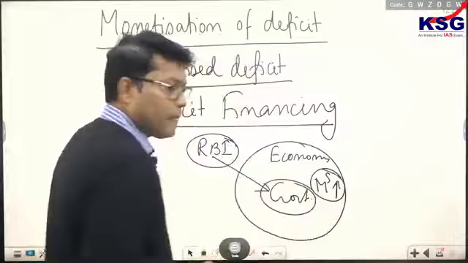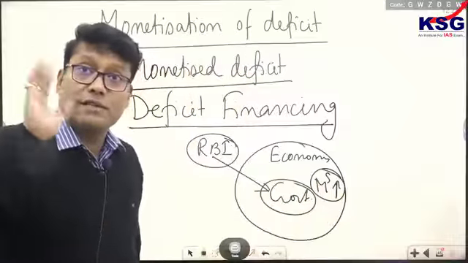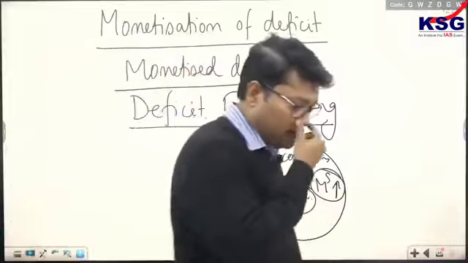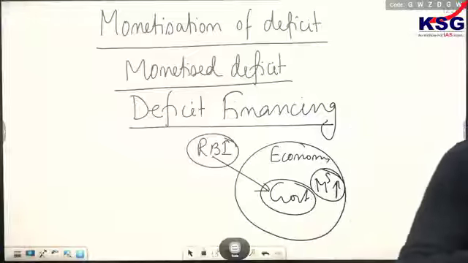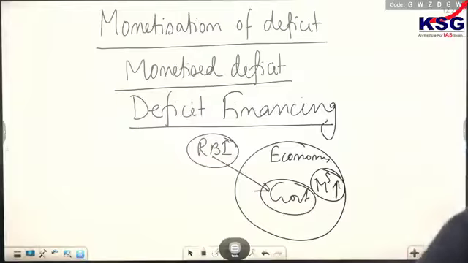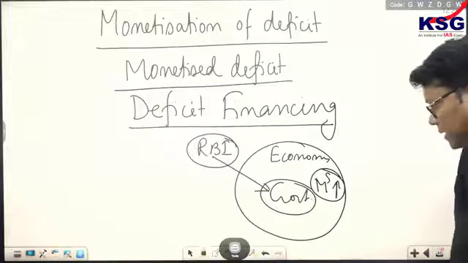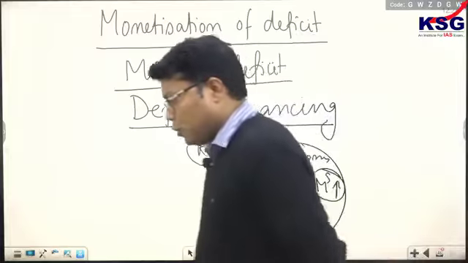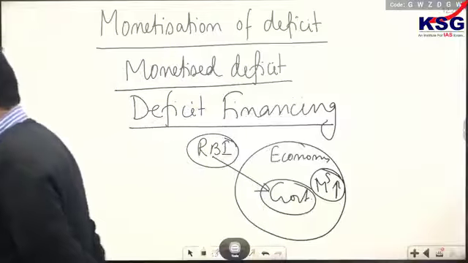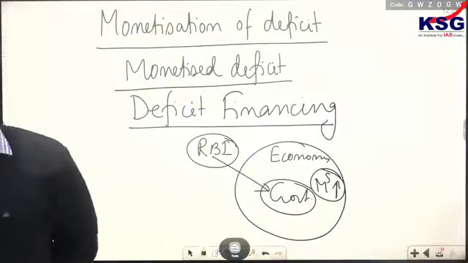Just go back to the monetary system that I discussed with you. Remember that flow chart? We kept the RBI above the economy, and that day I discussed that if any money or liquidity comes from the RBI to the economy, there will be an increase in money supply.